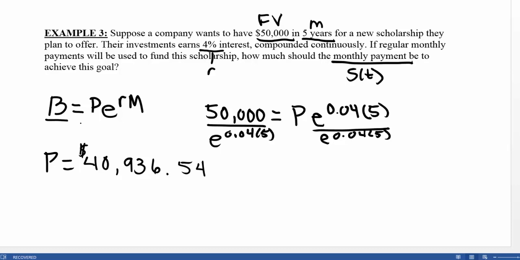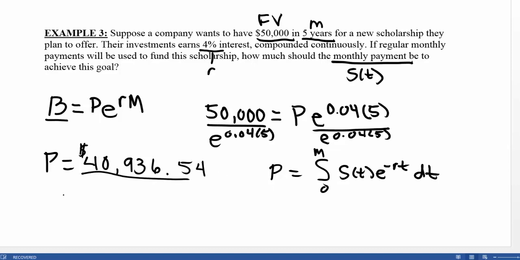So how do we take this present value and help us figure out what the monthly payments are? So remember, present value is the integral from 0 to m of S of t e to the negative rt dt. Well, we know present value, right? So that's going to go in on the left.